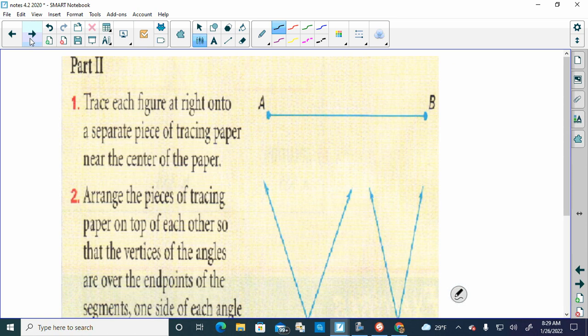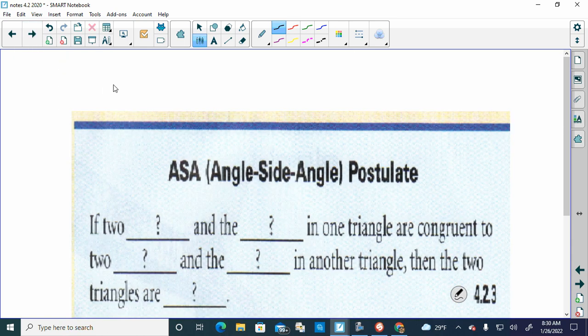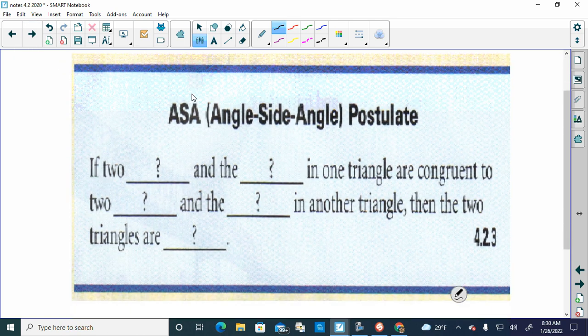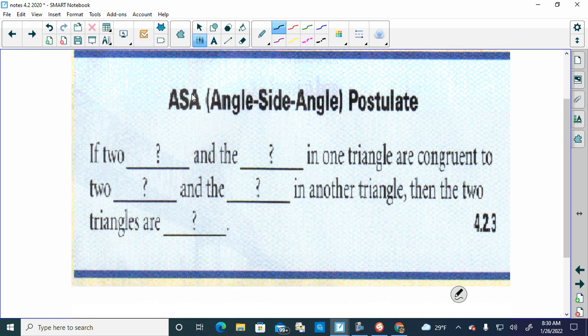Then we went to our part 2, and this is one we already looked at where we moved those two up to the side. So we're filling in this one. On this one, what do we have 2 of now? Angles.